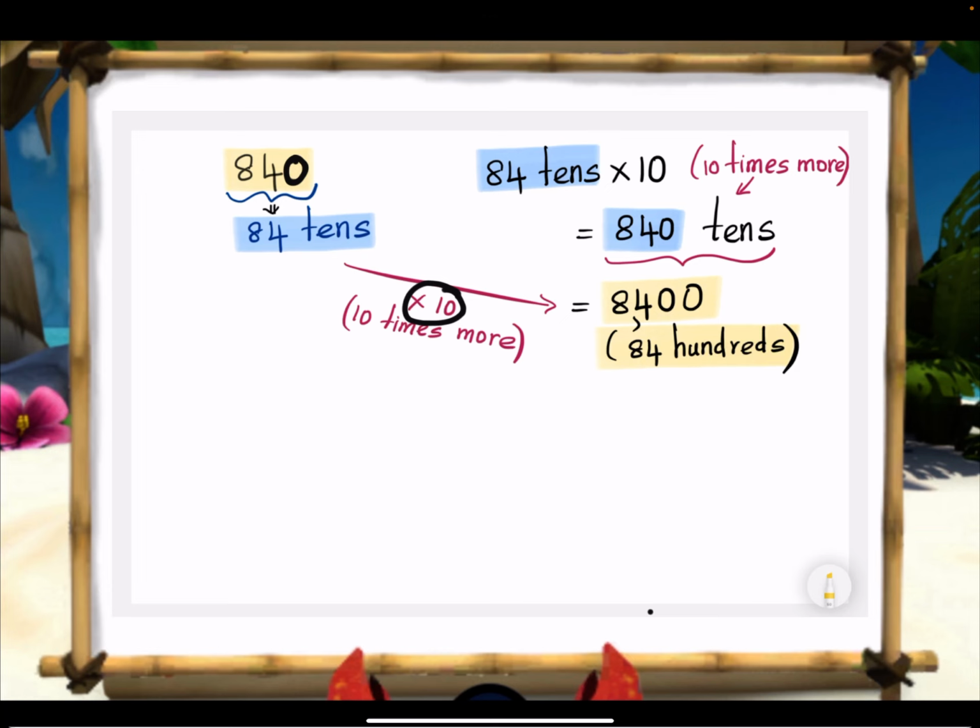But after multiplying with number 10, the number of zeros became 2. 840 has 84 tens in it. And 84 tens when multiplied by 10 becomes 840 tens. 840 tens is 8,400. 8,400 is also called 84 hundreds.